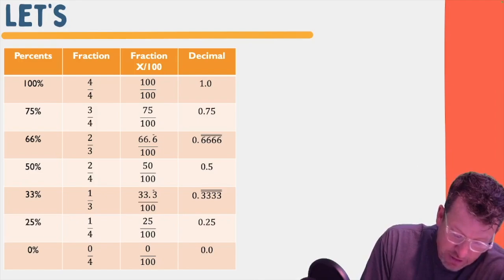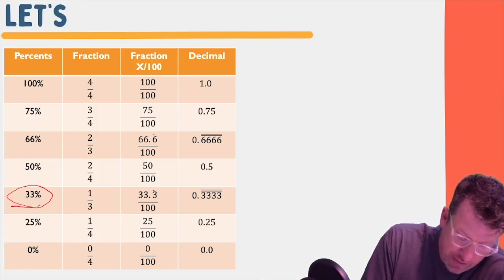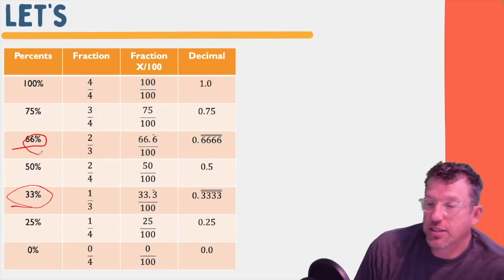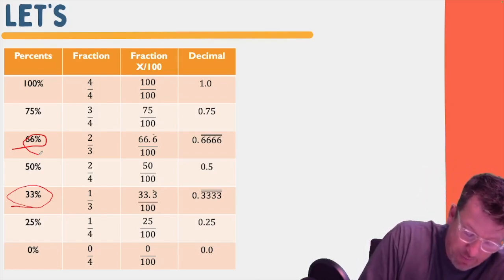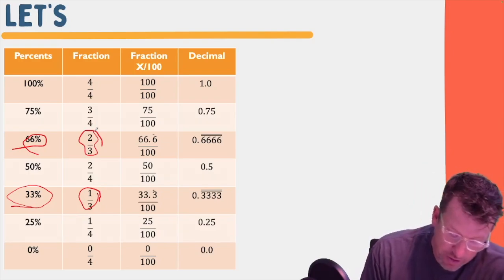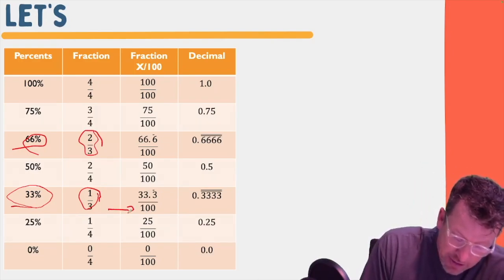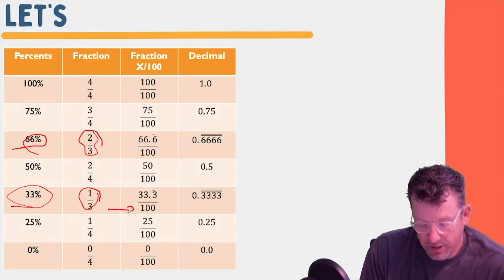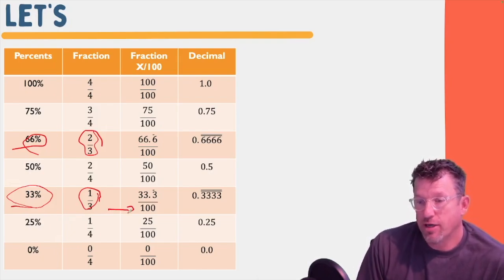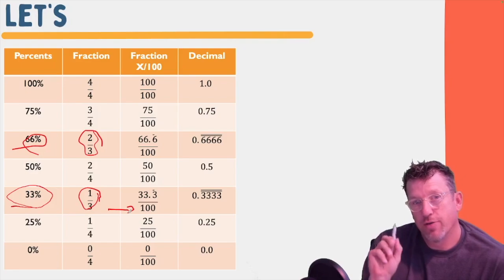Now, all of these are out of fourths except 2 of them. You got this one and this one. The reason they're on there is because those are very common fractions and percents that we use as well. They represent 1/3 and 2/3. If we make 1/3 out of 100, you can see it doesn't go evenly. 3 doesn't go into 100 evenly. 3 goes into 100, 33.3333 repeating.